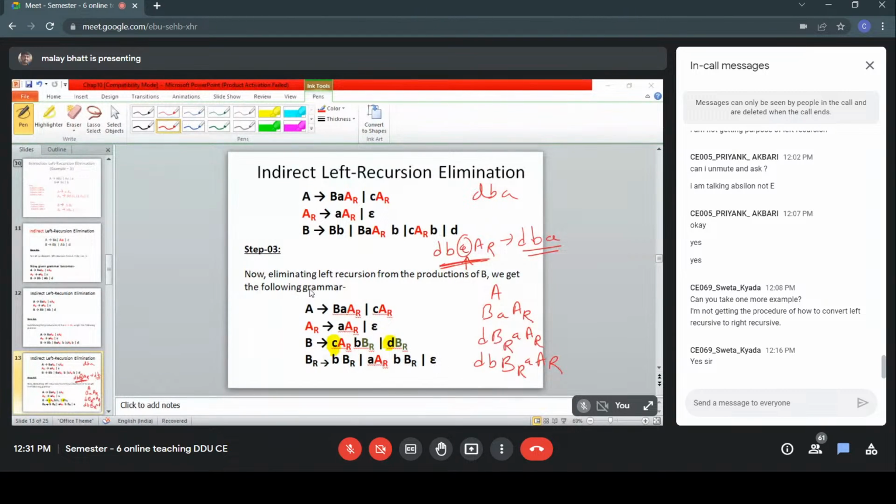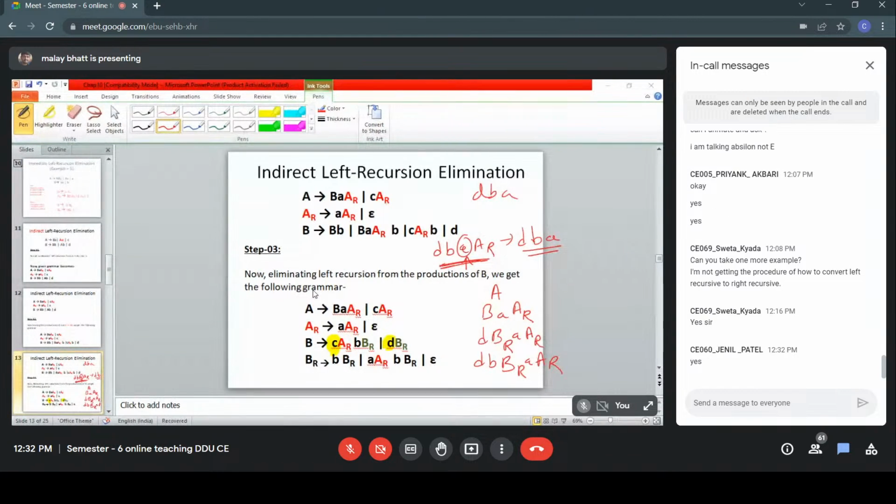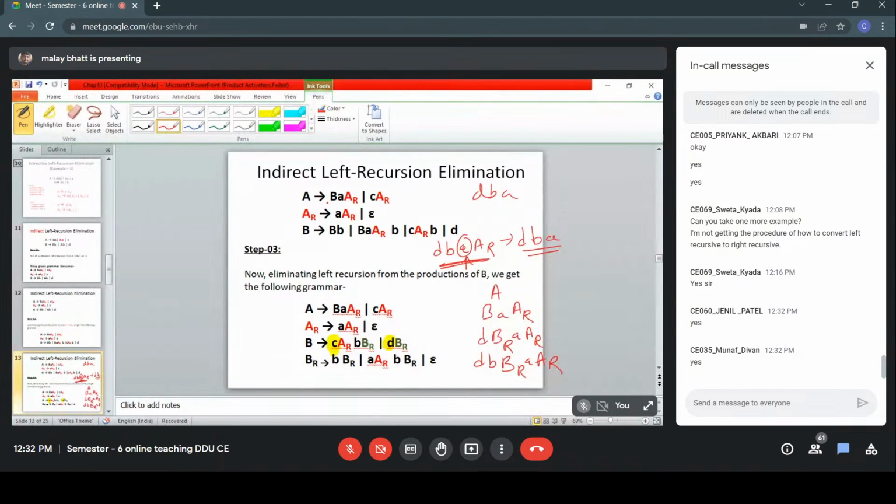We don't have to do any backtracking. As much as possible, we can avoid backtracking by this. Yes, is this clear? Okay, so now let us proceed further.